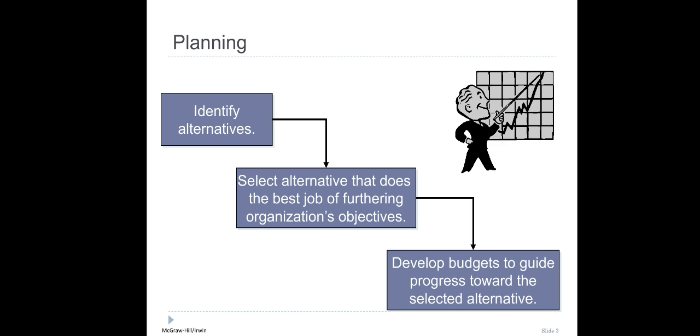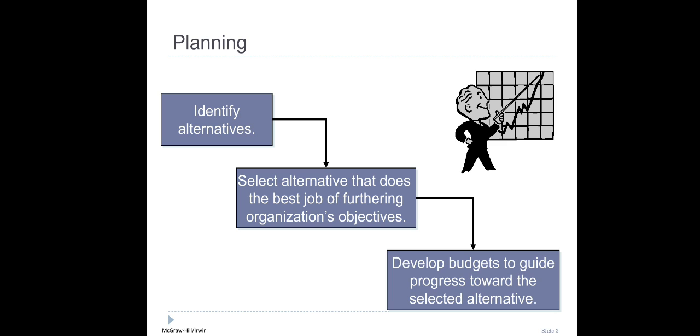First, you have to identify alternatives that you want to do in the future for your business or division, and then select alternatives that do the best job for furthering organization's objectives. And the third step is develop budget to guide progress toward the selected alternative.